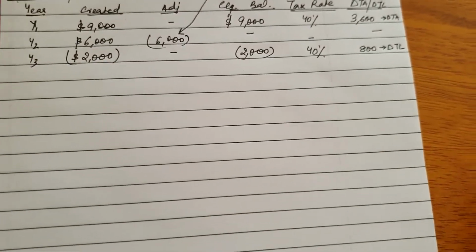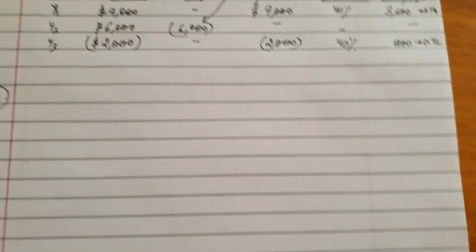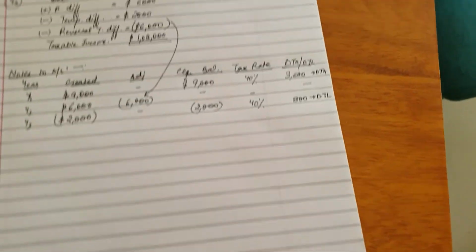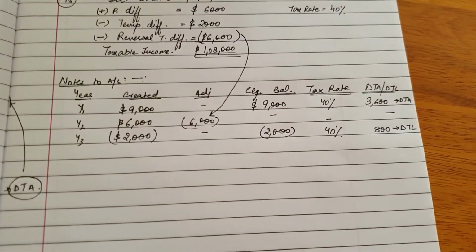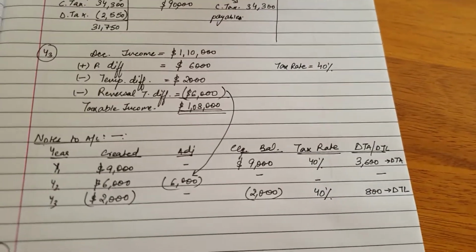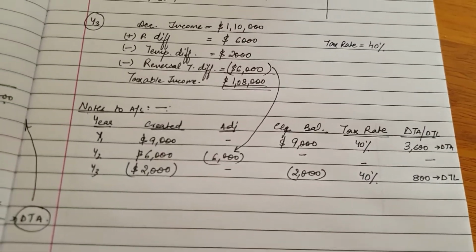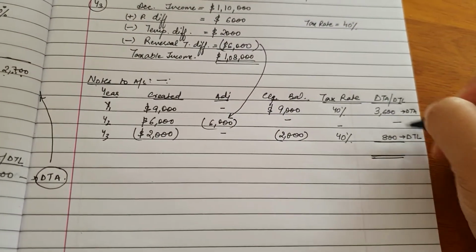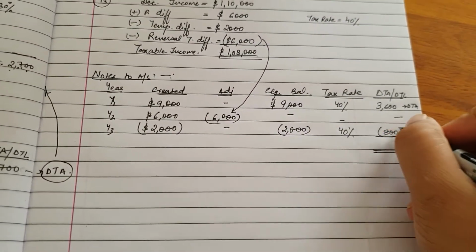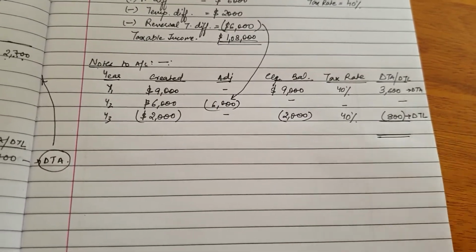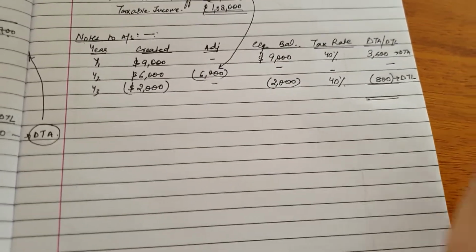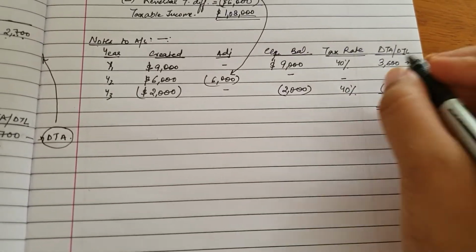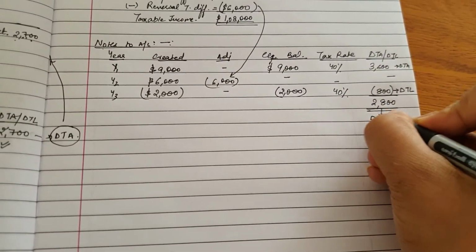Mind you, there are going to be some expenses or incomes. Some are going to create DTA, and some are going to create DTL. Mind you, we'll be putting one final amount, whether it's going to be DTA or a DTL. We are going to take just one amount. That is going to be the net figure. So here it's coming out to be net 2,800 deferred tax asset.